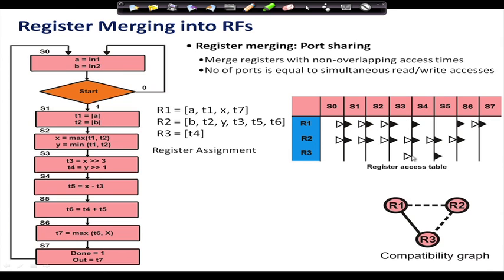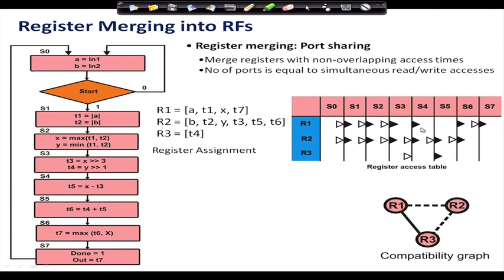As I plot in this way, I find that R1 and R3 are compatible, because nowhere where R1 is being accessed, R3 is being accessed, but that is not the case with R2. R3 is being accessed with R2. Here you see, R3 is being accessed with R2, but wherever R3 is being accessed, R1 is not being accessed, right.